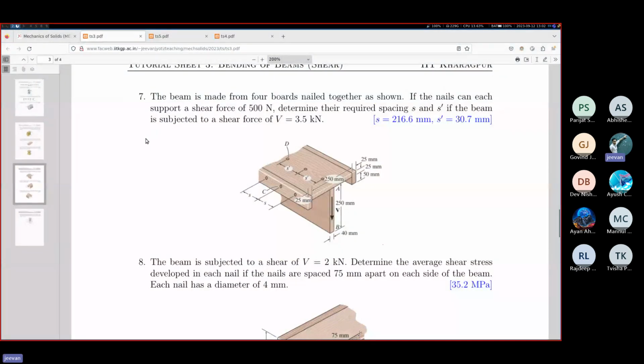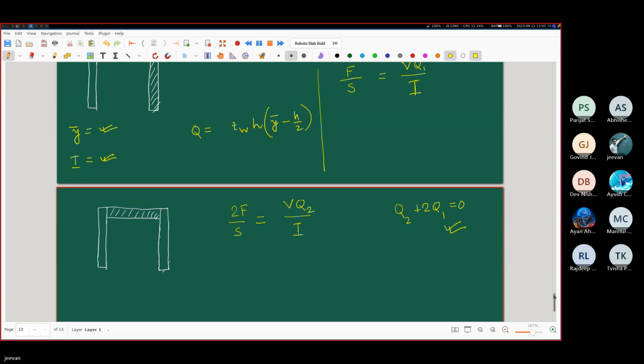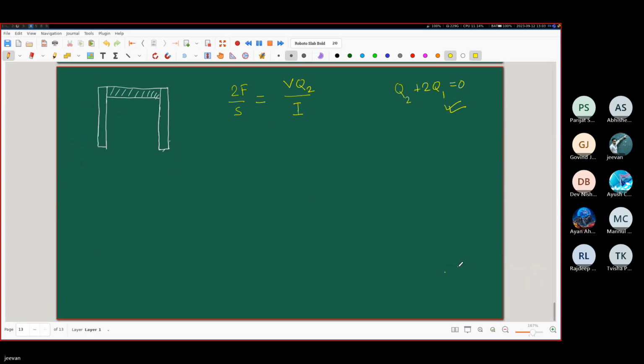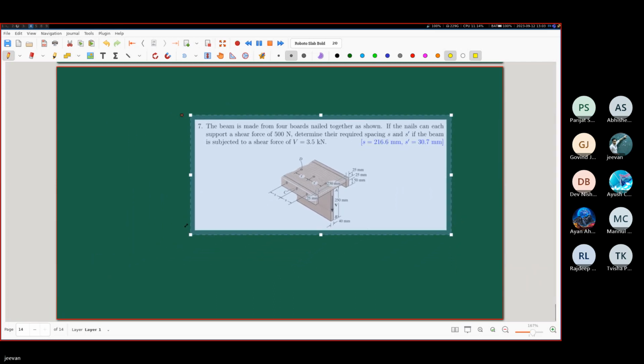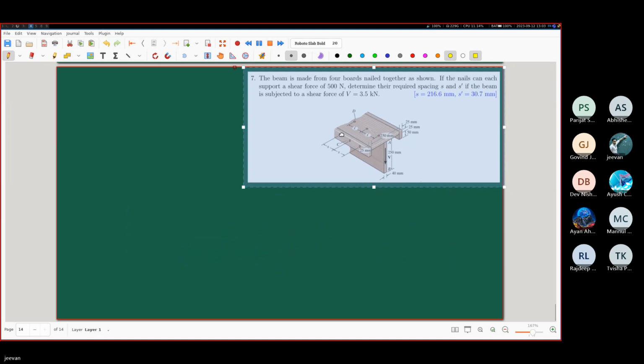Okay, next problem, question number 7. The beam is made from 4 boards nailed together as shown.